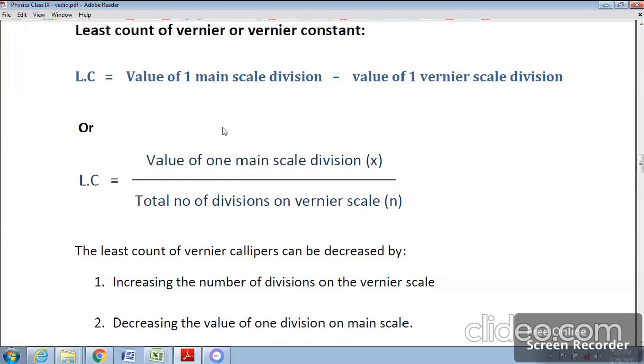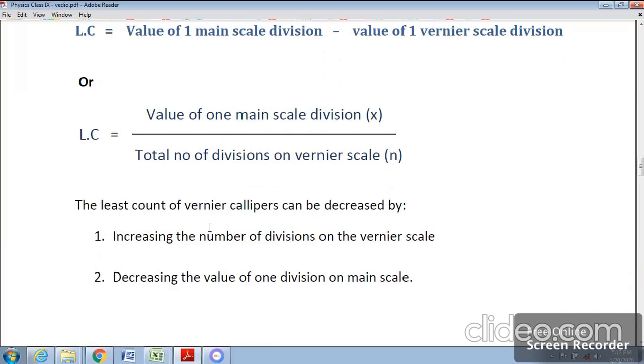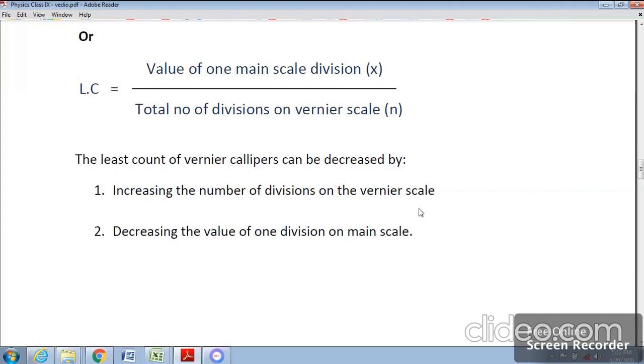There is one more formula to calculate the least count: the least count of a vernier scale is the value of one main scale division, which is denoted as x, divided by the total number of divisions of the vernier scale, n. The least count of a vernier scale can be decreased in two ways. First, by increasing the number of divisions of the vernier scale, that is, by increasing n.